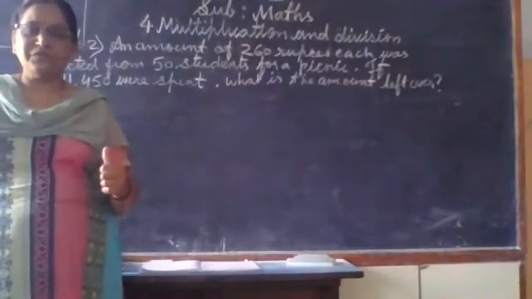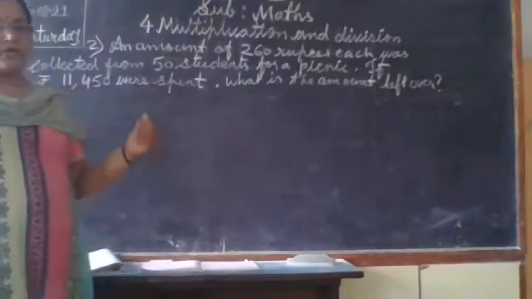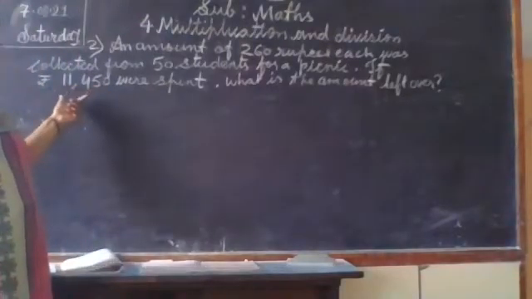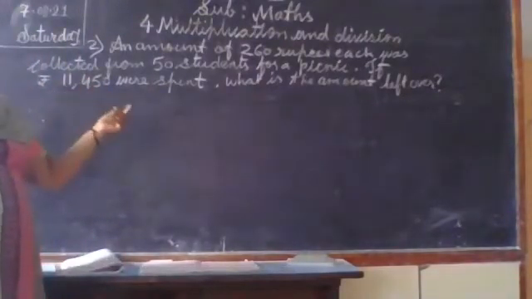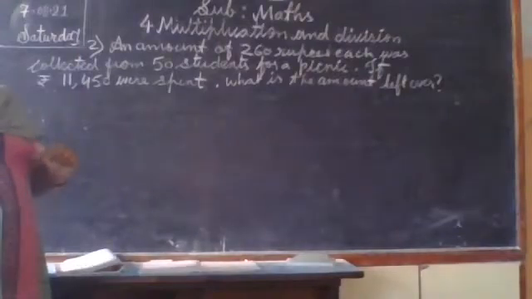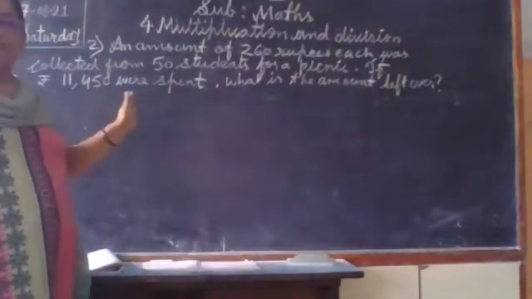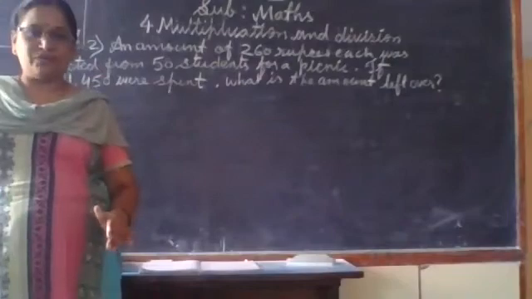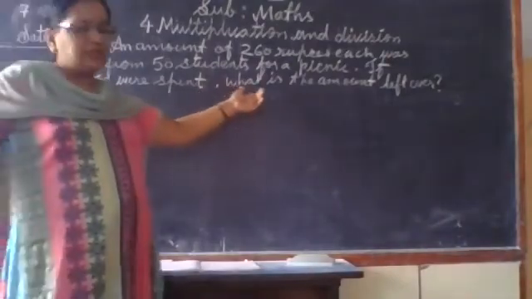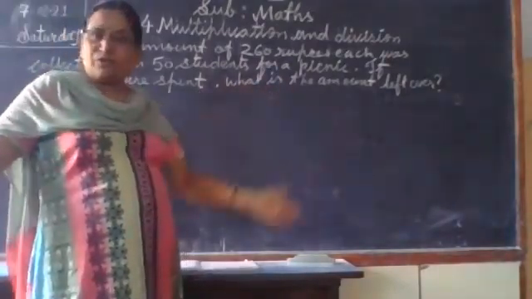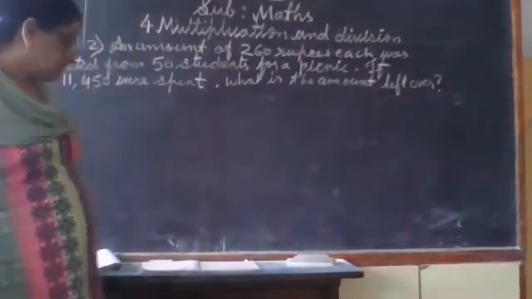Now, 11,450 rupees were spent. So we will subtract this 11,450 from the total collected amount, and then we will get the amount left over.